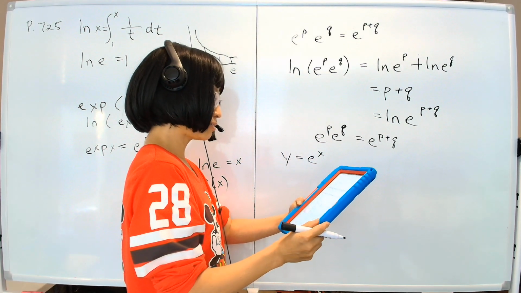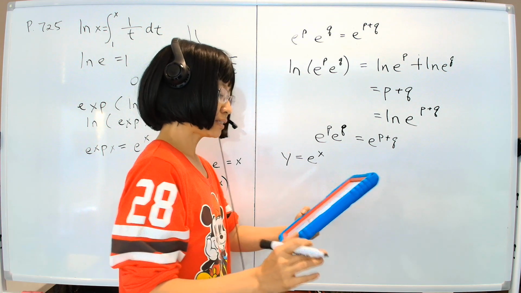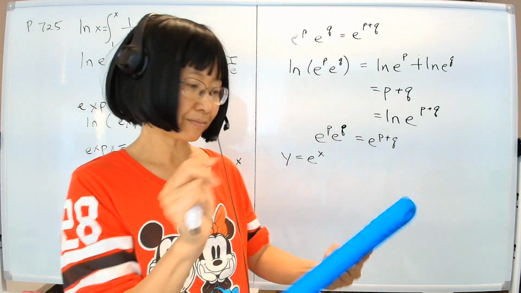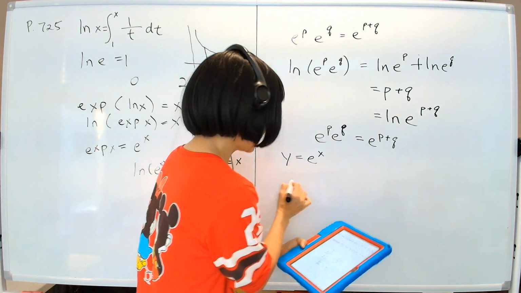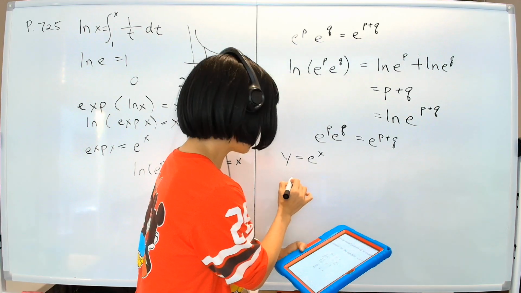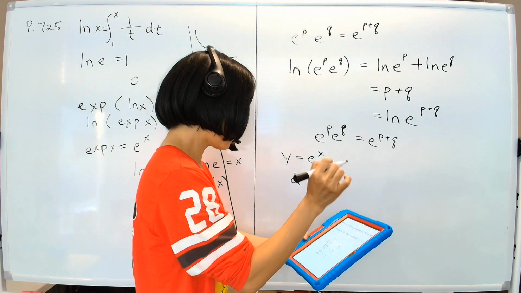The alien then used the inverse function, which we have done, but I'll do it again. The alien says we'll take the natural log of both sides.